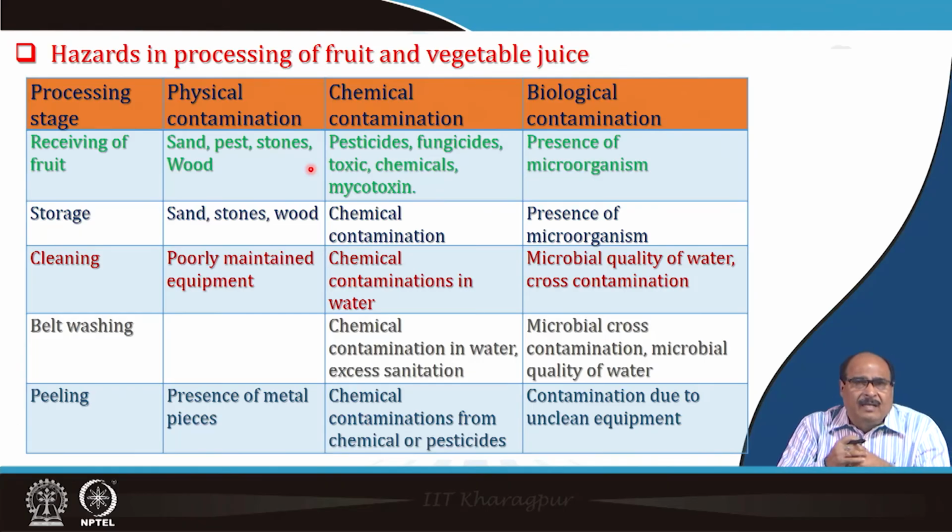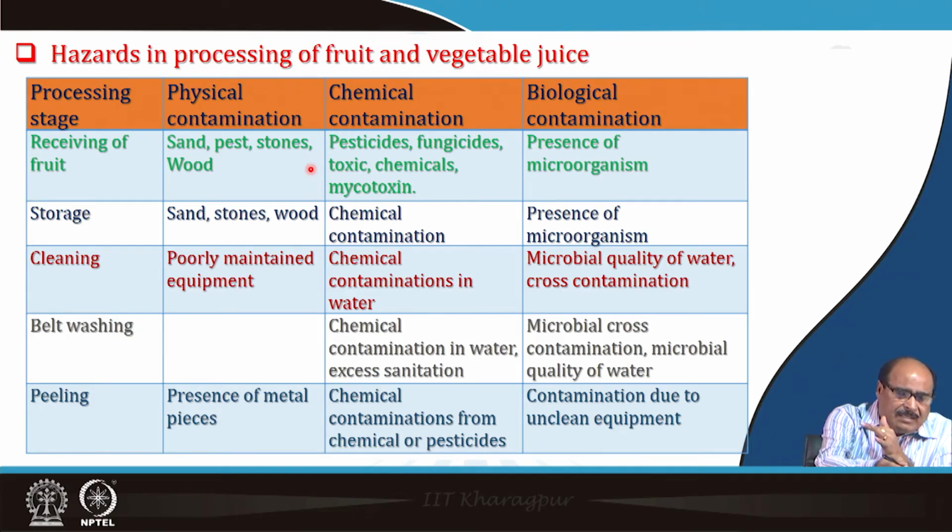So, in this table I have given the details of hazards in the processing of fruit and vegetable juices, etc., starting from the receiving of the fruit till it goes into storage, cleaning, belt washing, peeling, etc. It shows what might be the various types of physical, chemical, and biological contamination.